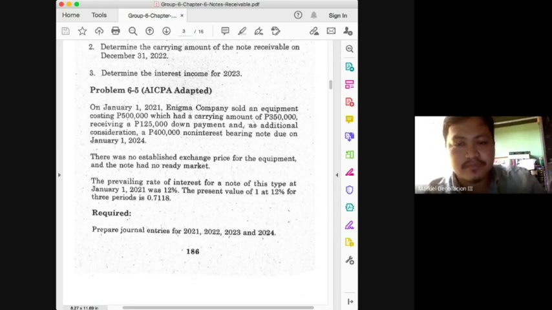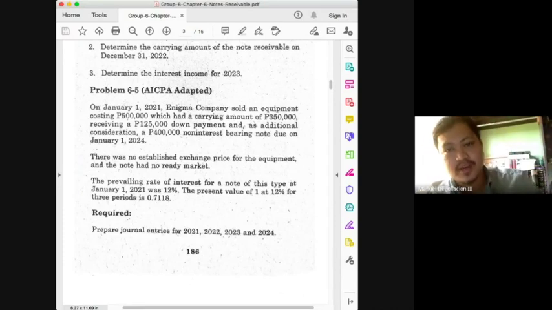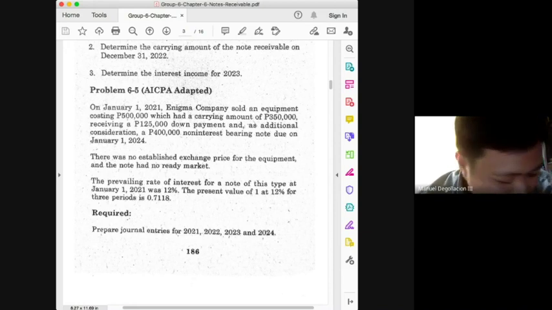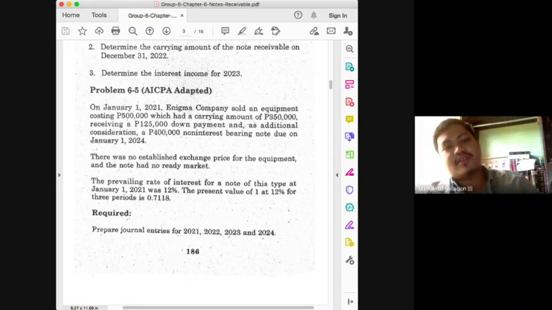And here, the problem already gives us one factor, class. So we will know that this will be the one that we will have to use. So simply multiply 400,000 times, help me here class, 400,000 times 0.7118. This should be 284,720.